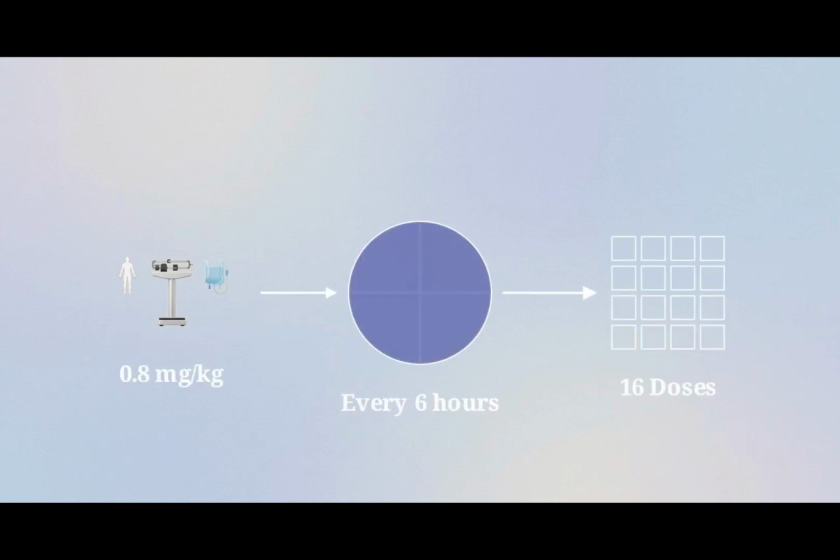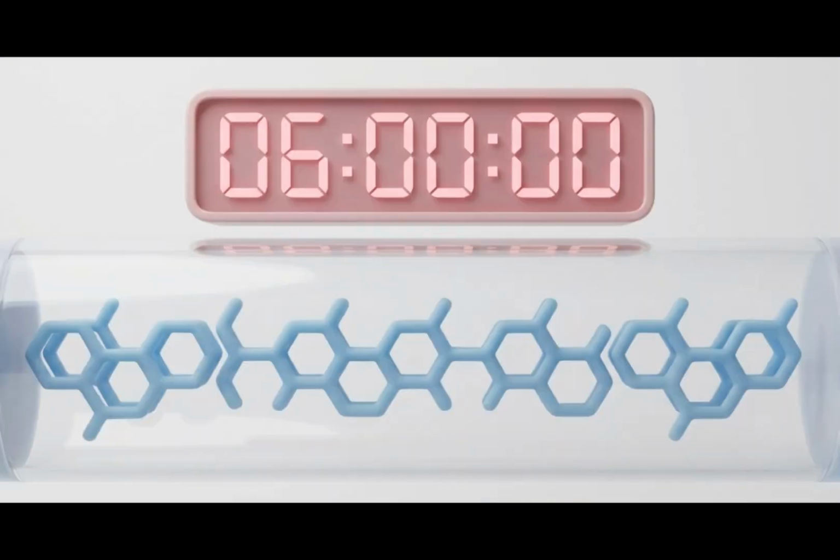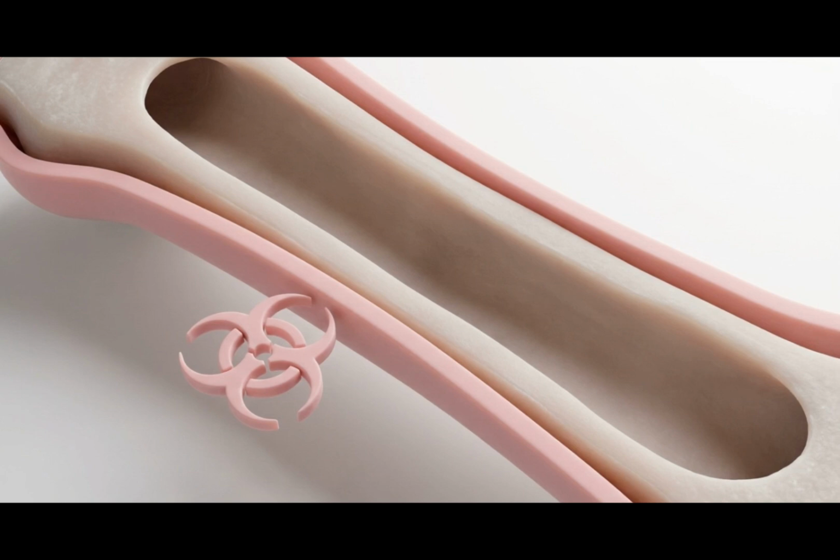The standard adult IV dosing protocol is highly regimented: 0.8 milligrams per kilogram of body weight, administered every 6 hours for exactly 16 doses. That rigid 6-hour spacing is non-negotiable. The goal is to maintain a highly specific concentration of the drug in the bloodstream to guarantee marrow clearance without crossing into systemic toxicity.